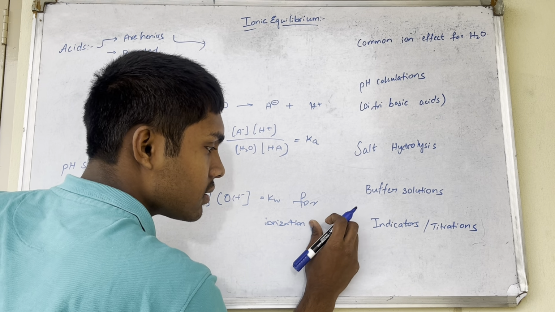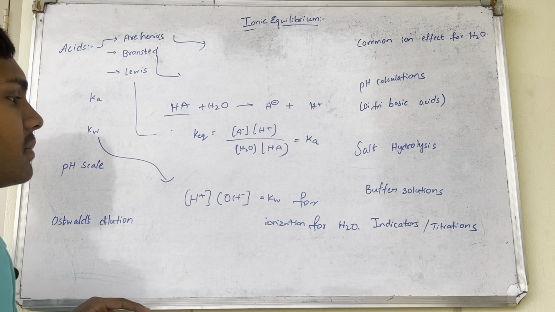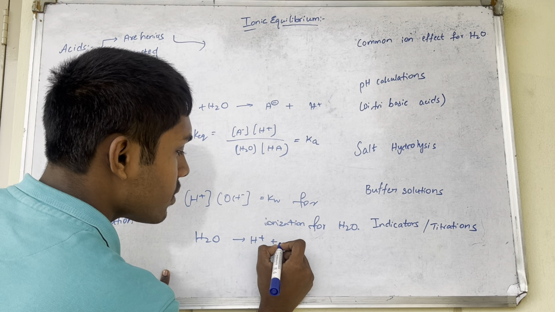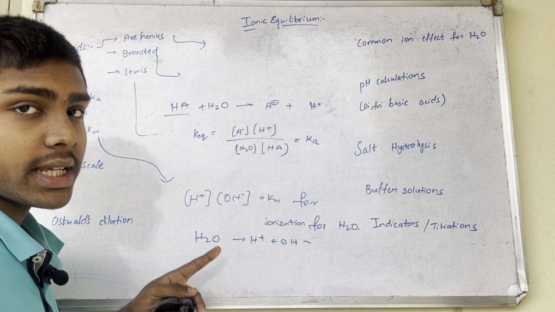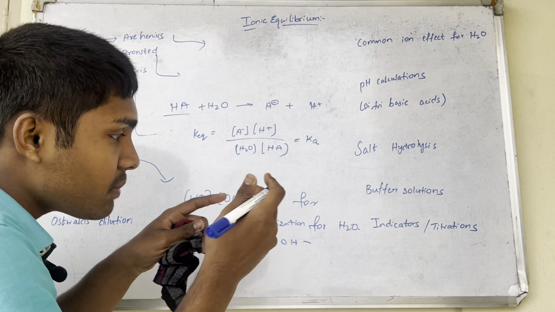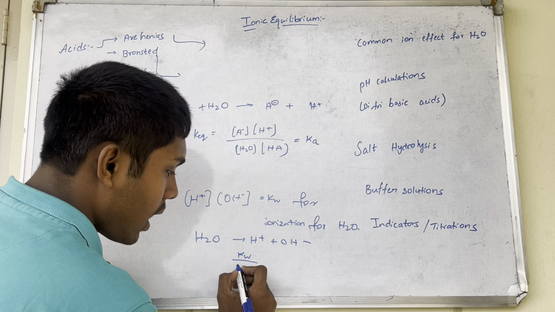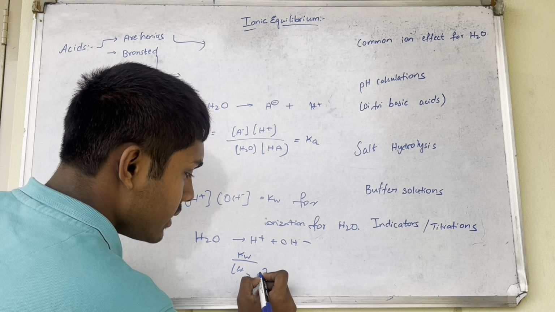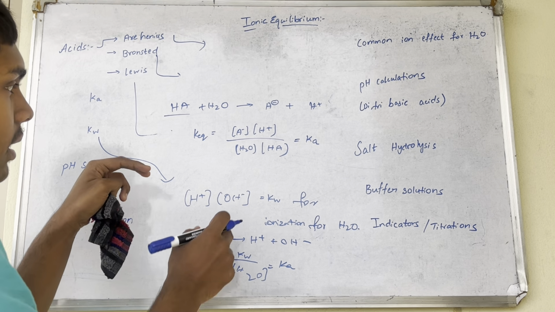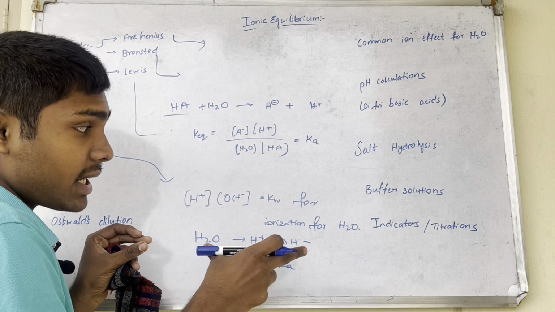Means if H2O dissociates as H plus plus OH minus, then if you write the equilibrium constant, here it will be H plus into OH minus by H2O. That H plus into OH minus, we gave a new term called Kw upon concentration of H2O is equal to Ka for this one. And this K equilibrium is Ka, this one, whereas Kw is for H2O.